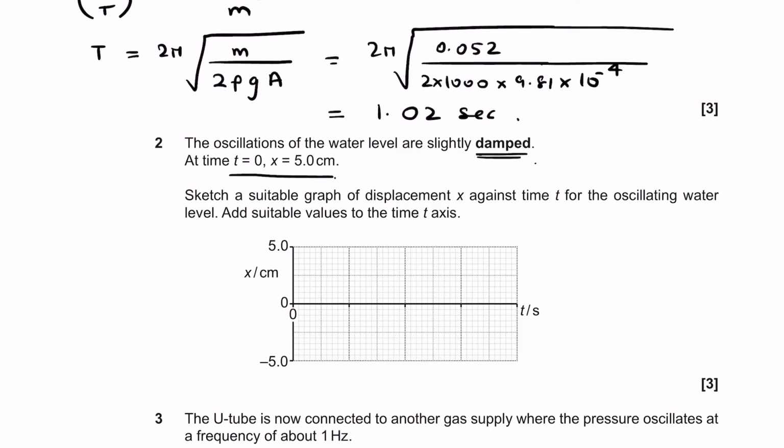I'm going to take 1 second as a rounded value rather than 1.02, it's easier. So if I split this up into 0.5, 1, 1.5 and 2, I know that it has to make a complete wave in that 1 second, starting off at 5. I can't draw this very well, but as long as it's decreasing in amplitude is what we are concerned with, that's what the marks are for.